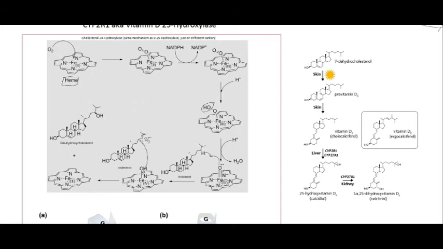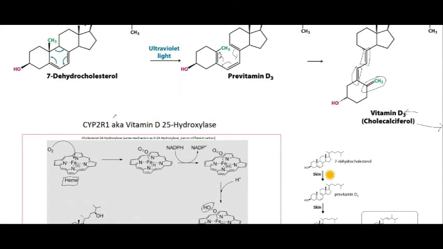And so this hydroxyl group here will come off of the iron and go onto the 7-dehydro, or the calciferol.